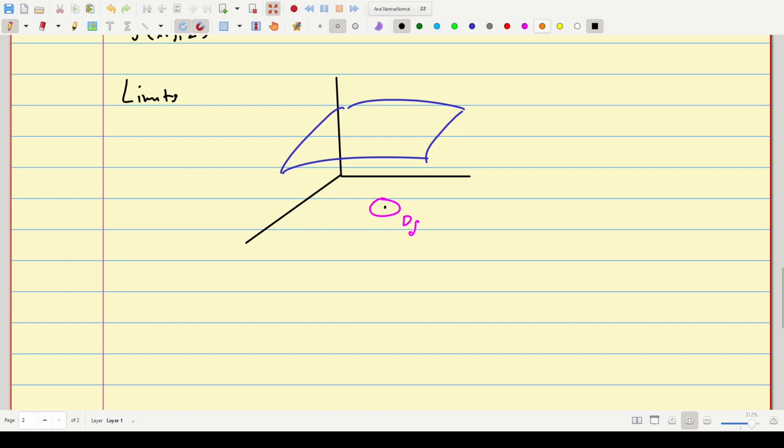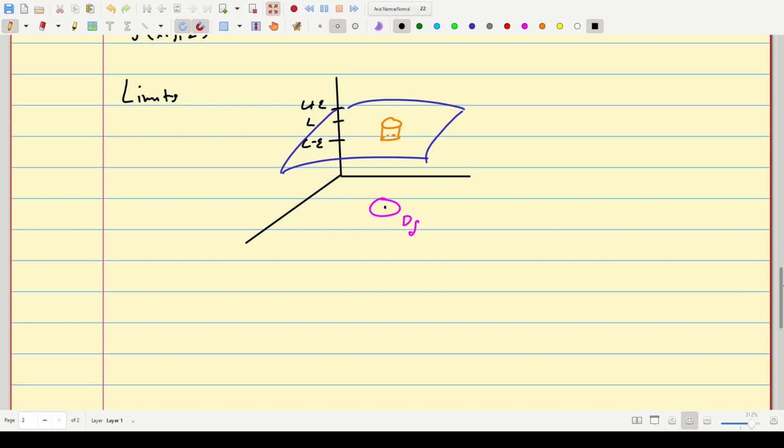And what happens is epsilon gives me a height. Okay, epsilon corresponds to height in this picture.